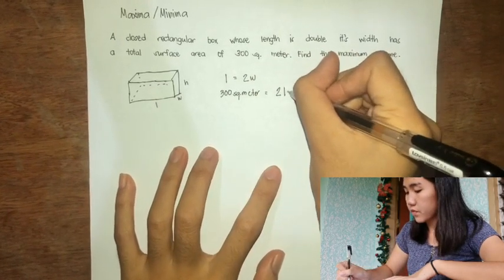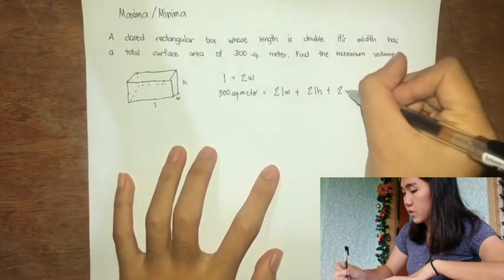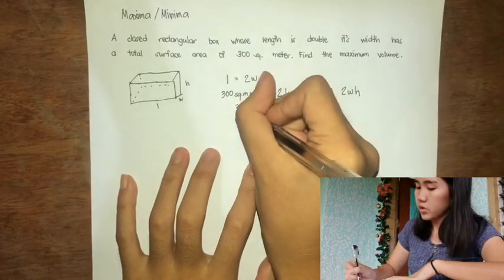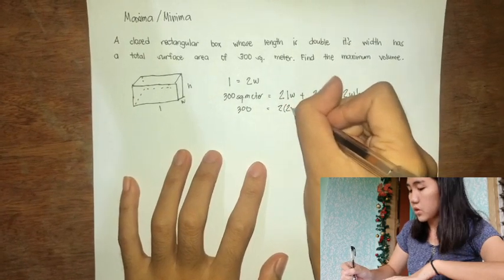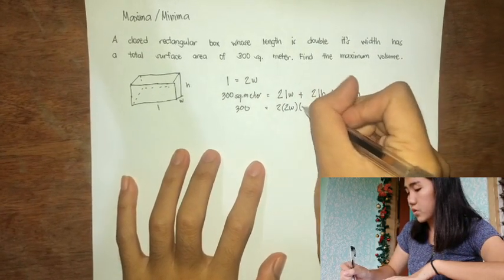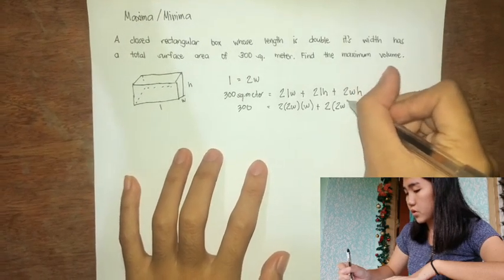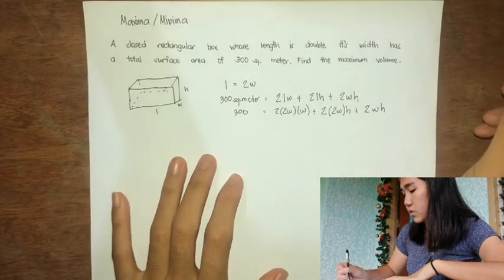Surface area equals 2LW plus 2LH plus 2WH. And then we substitute the value of L. 300 is equal to 2 times 2W times W plus 2 times 2W times H plus 2WH.